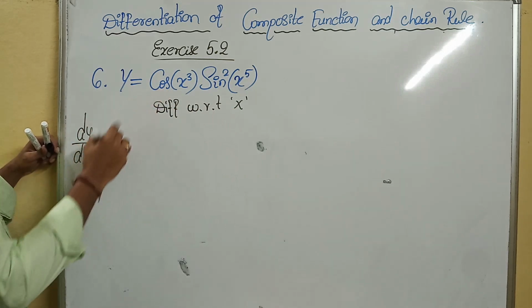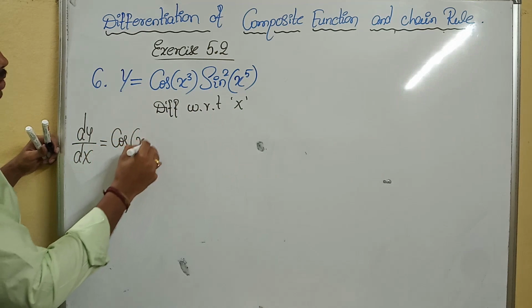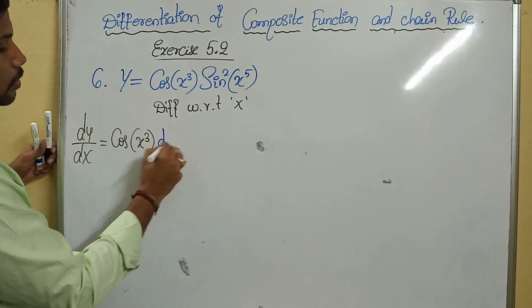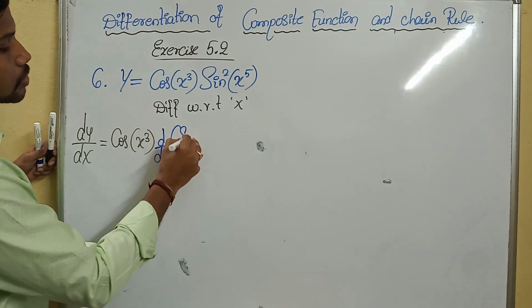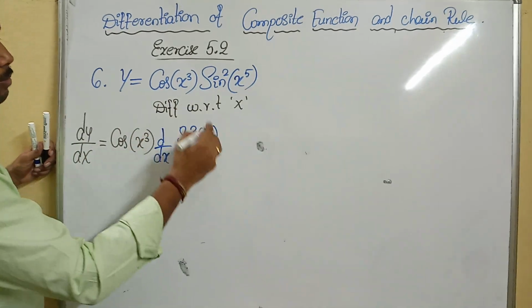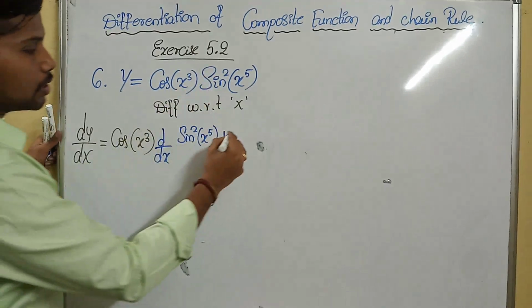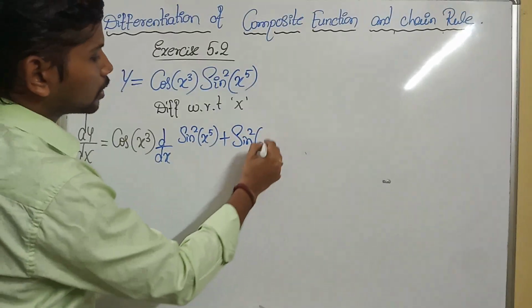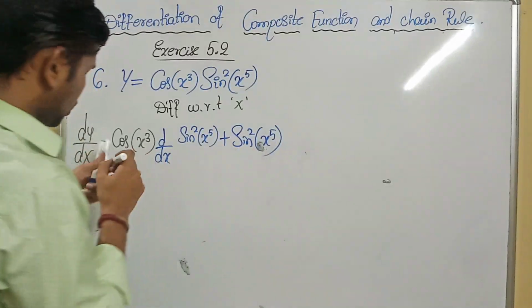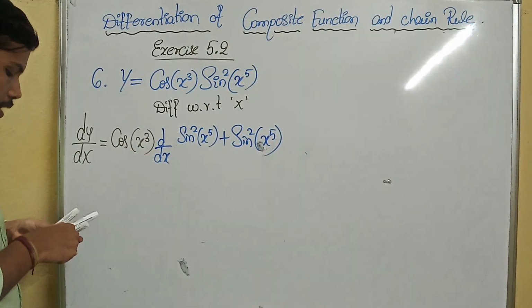Now the first term as it is, cos of x cube as it is. What do I need to write? Derivative of sine square of x raised to 5. Getting my point? Plus sine square of x raised to 5 as it is, d by dx of what?